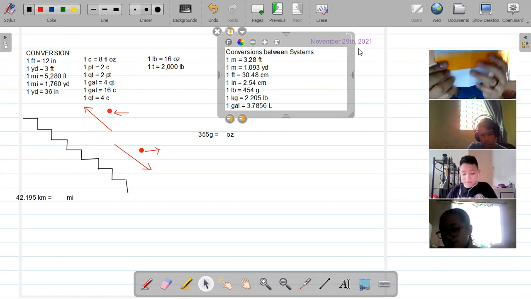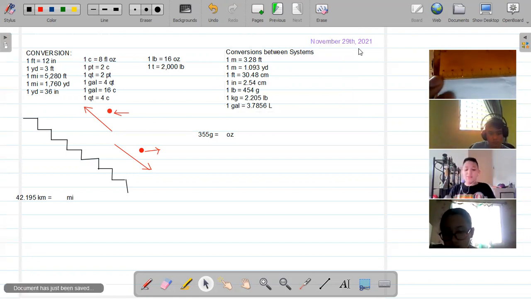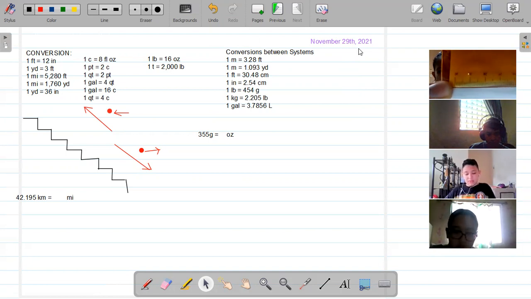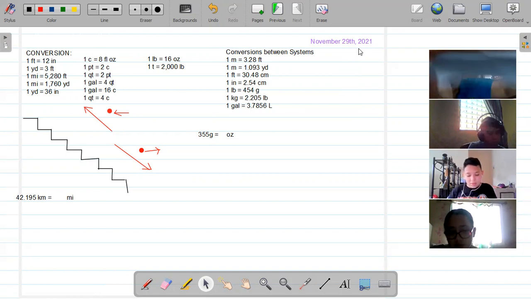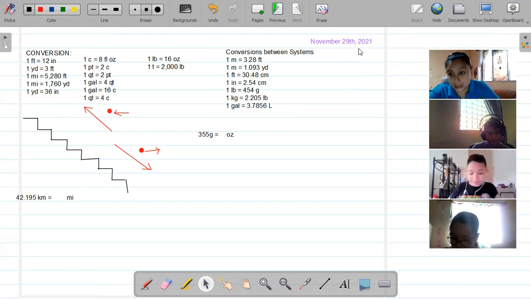Well, because if I place a paper right where inches begin, okay, right over there, as you can see, it is right where it begins. At the bottom, where we have the centimeters, it's a little bit more than the 30 centimeters. Can you see? It's a little bit more. That little bit more, that extra part, that is the 0.48 centimeters that we're missing.